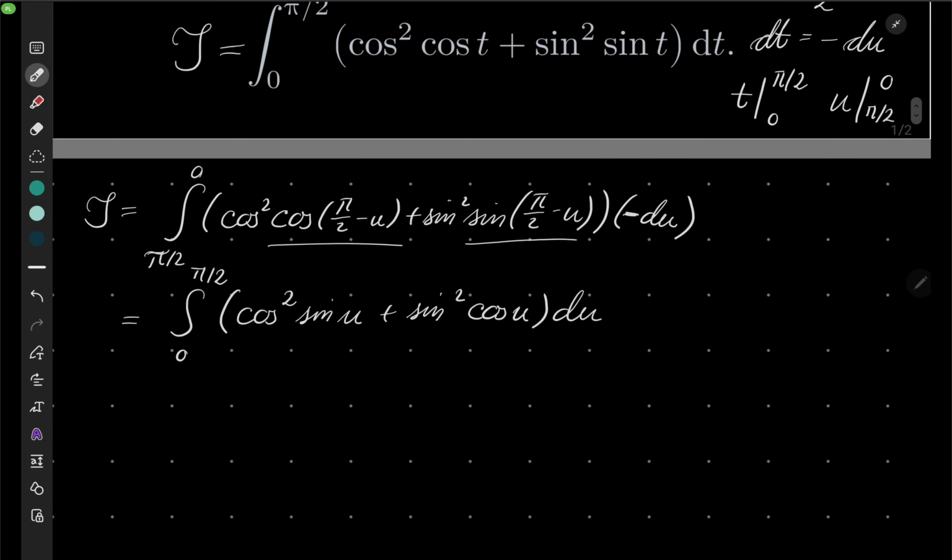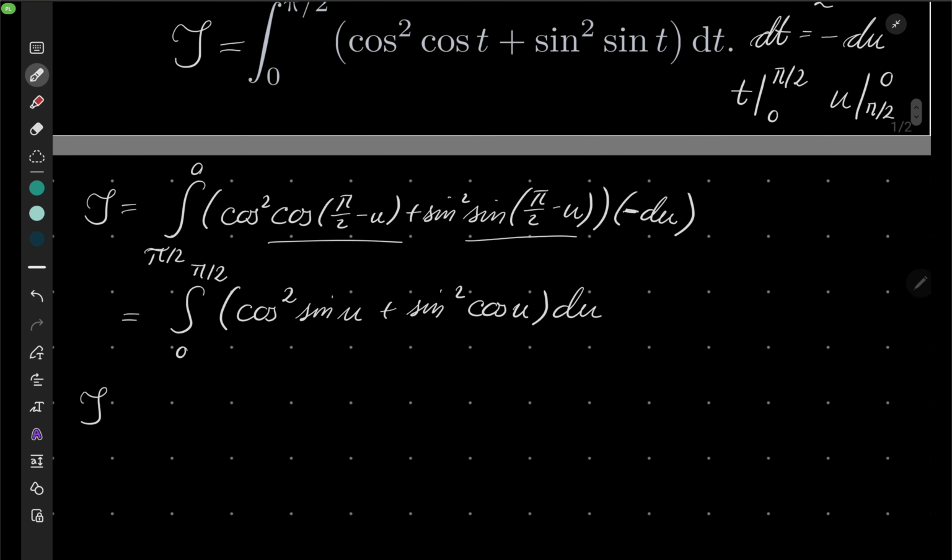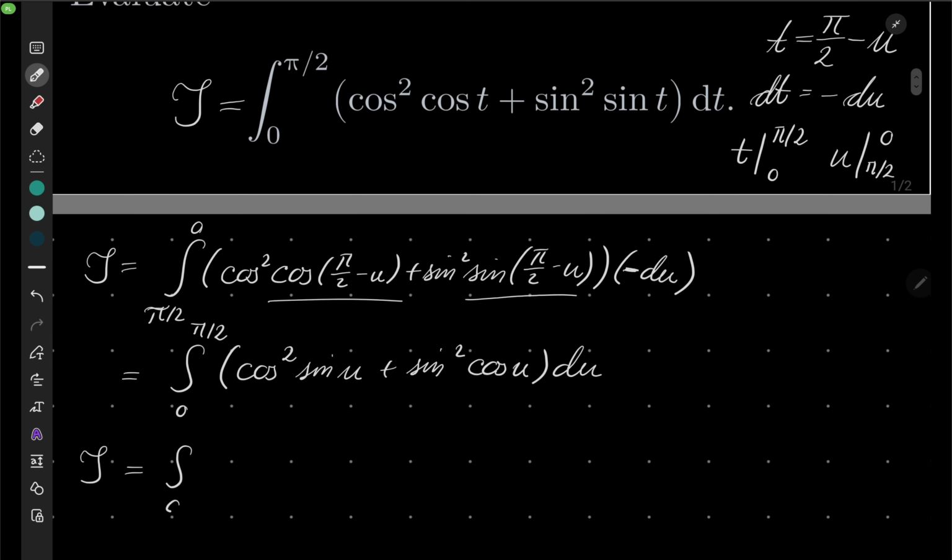Okay, and let's also write that this integral was the integral from 0 to pi over 2 of cosine squared of cosine of t plus sine squared of sine of t dt. Maybe don't write t, but obviously we can choose any other variable, so let's write u as well.